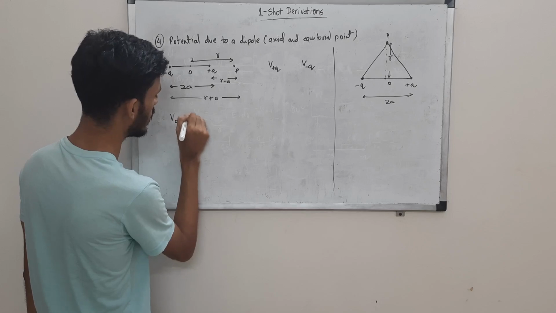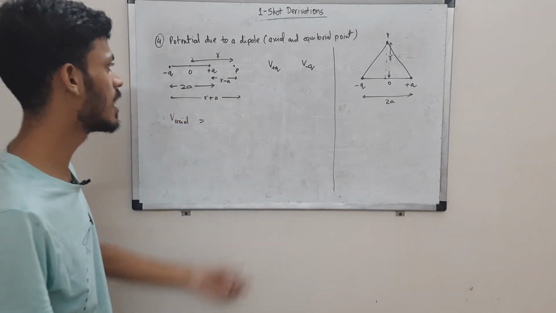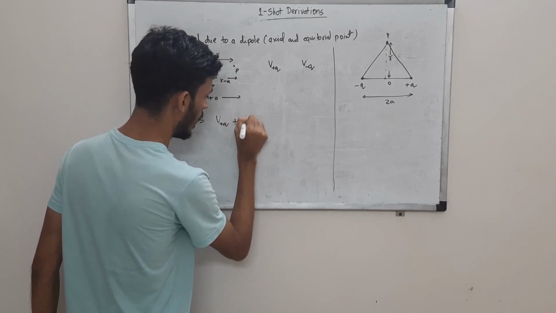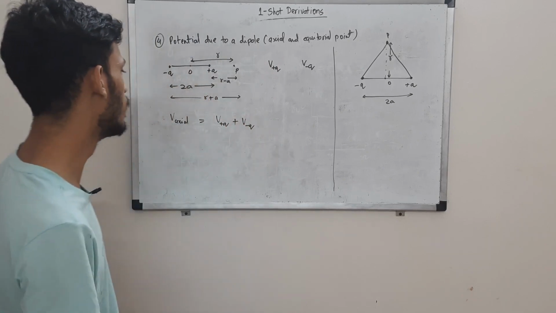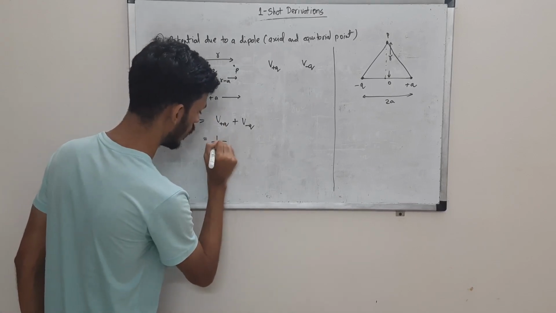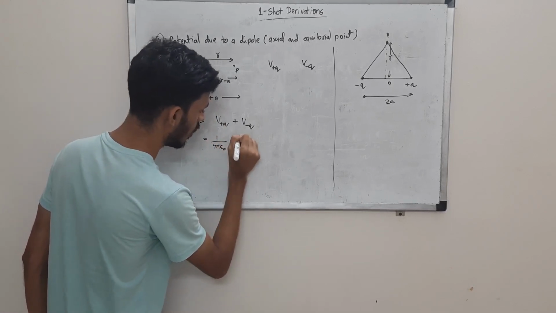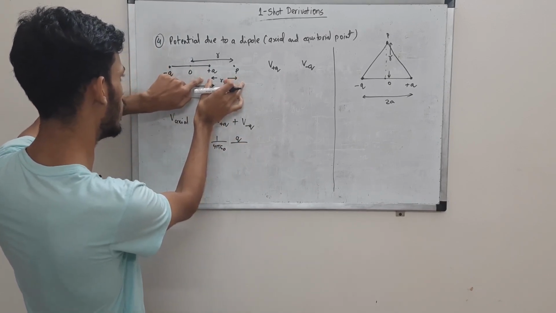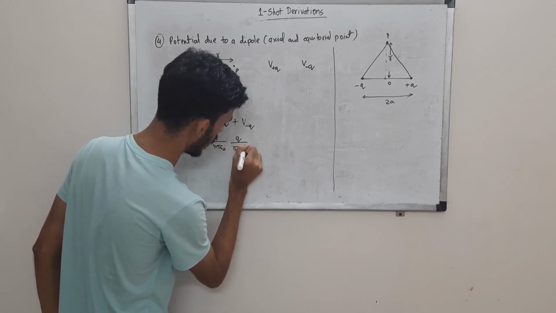So potential at this axial point P will be given as potential due to the plus charge q plus potential due to the minus charge q. Now potential due to plus q will be 1 upon 4 pi epsilon naught q by the distance between point P and plus q, which is r minus a.